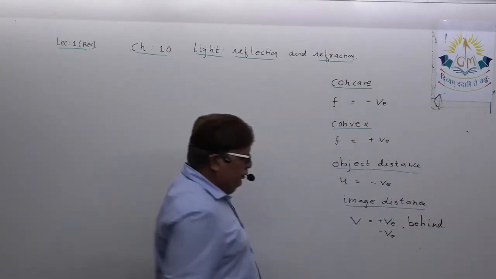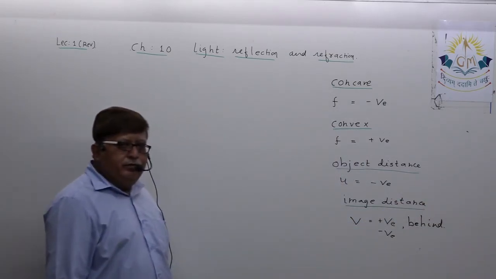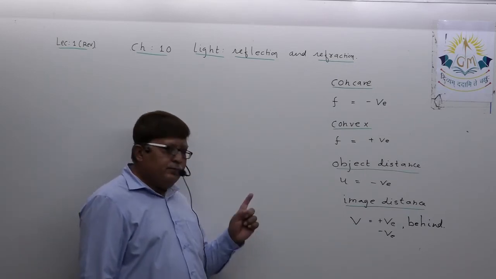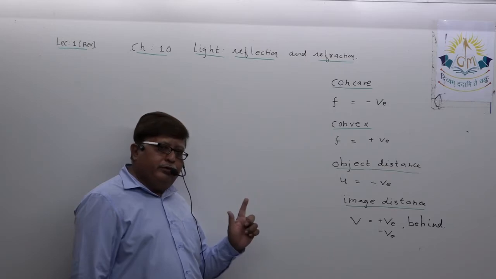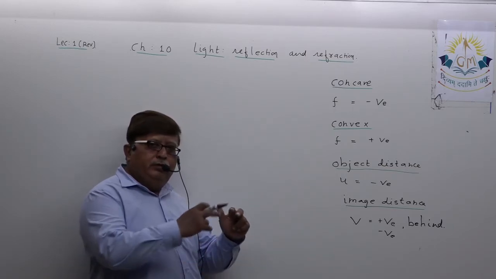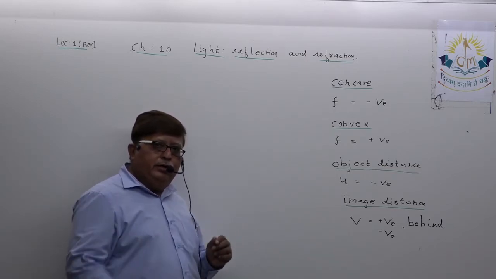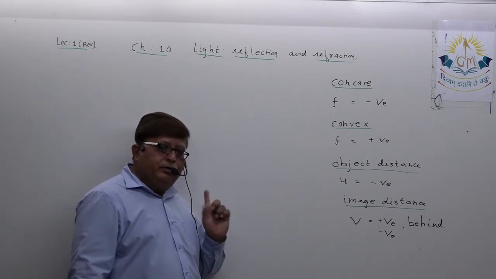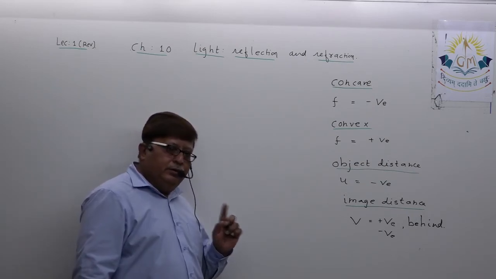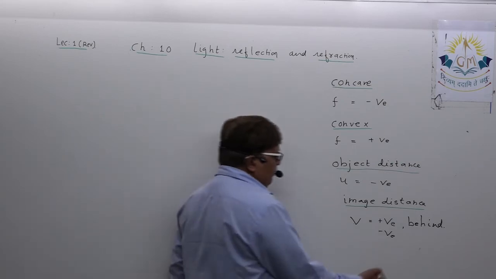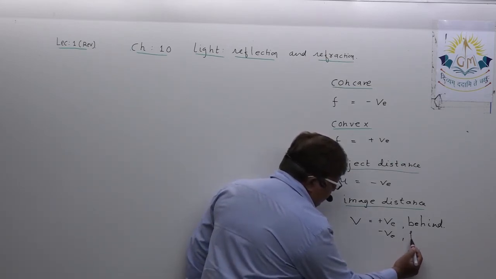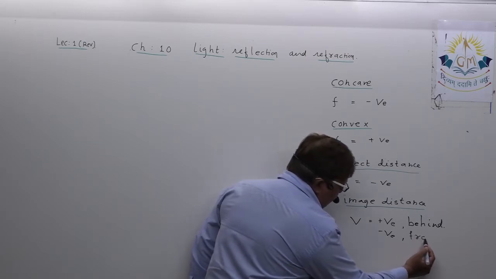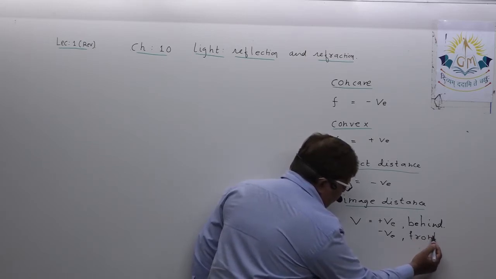Please note down this word, behind. Image distance positive, image is behind the mirror. And if image distance is negative, the image is in front of the mirror.